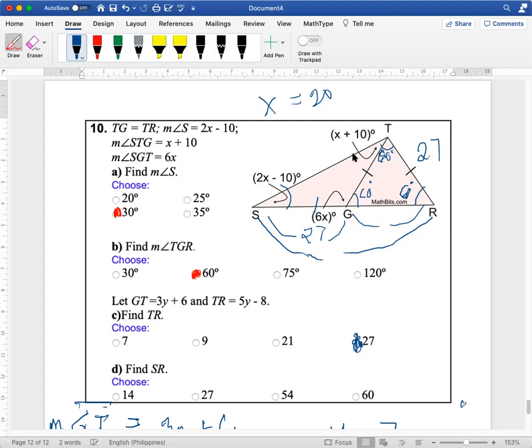So since this side is 27, this is 27, and since the angles are congruent, we call the triangle equilateral or equiangular, therefore this side is also 27. So we could say that SR is equal to 54. So 54 is the correct answer.